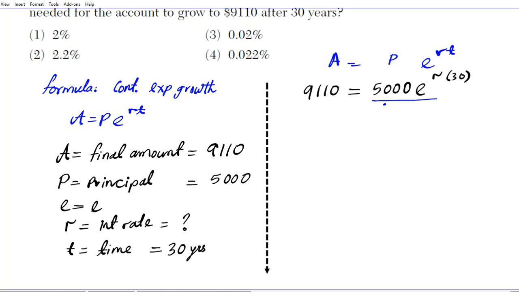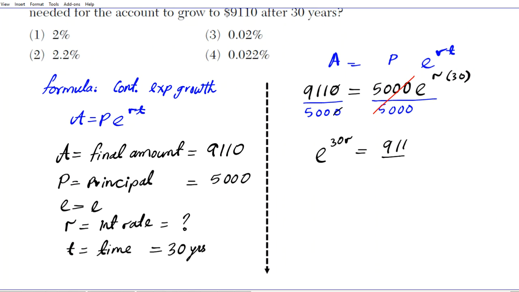Divide both sides by 5,000. 5,000, 5,000. So this divides out. I'm just going to leave this alone for now. And have e to the 30r is 911. Well, we can cancel out the zeros.